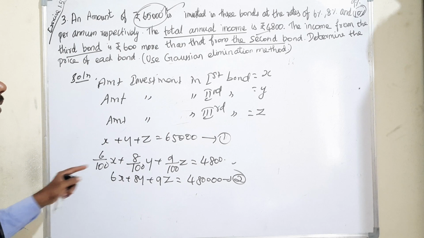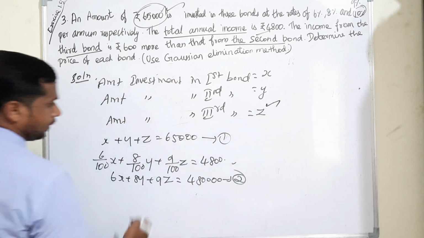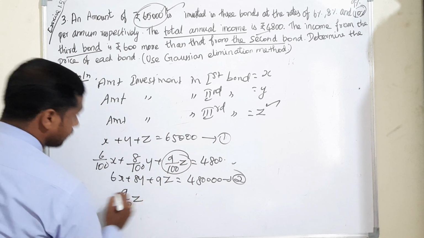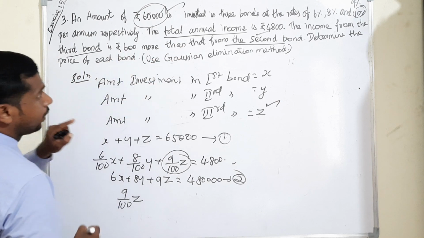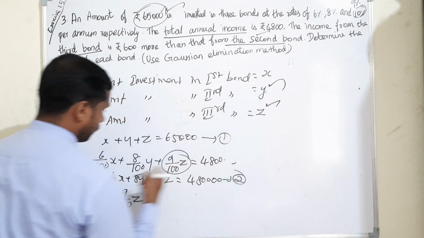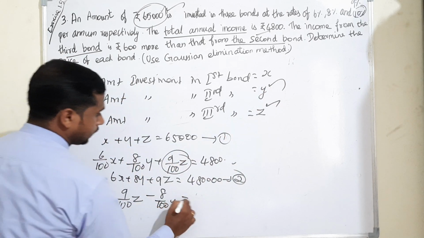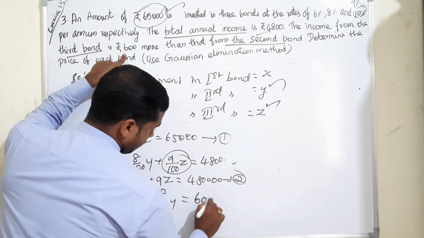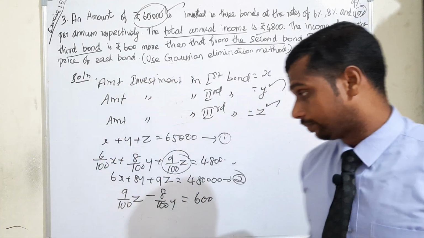But in the third bond, the income from the third bond, what is the name of the third bond? Z. Z is considered 9 by 100, isn't it? So 9 by 100 Z is rupees 100 more than from the second bond, means minus the second bond, Y, 8 by 100 Y. So 8 by 100 Y is equal to, how much is there? 600 more. This also we have to rearrange, listen very carefully.